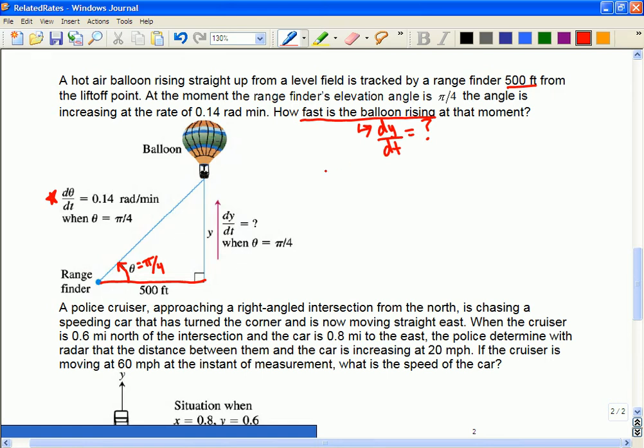Tangent of theta is y over 500. So 500 tan theta is y. And that means 500 secant squared theta, d theta dt, is dy dt.